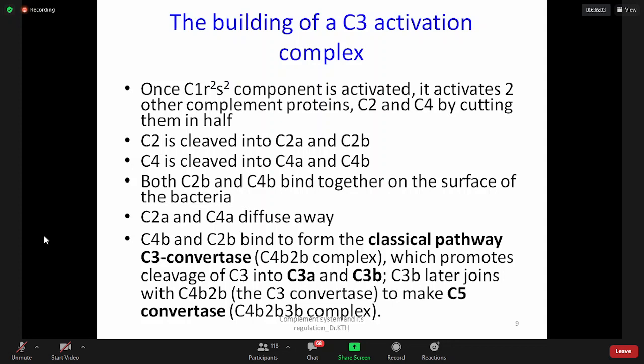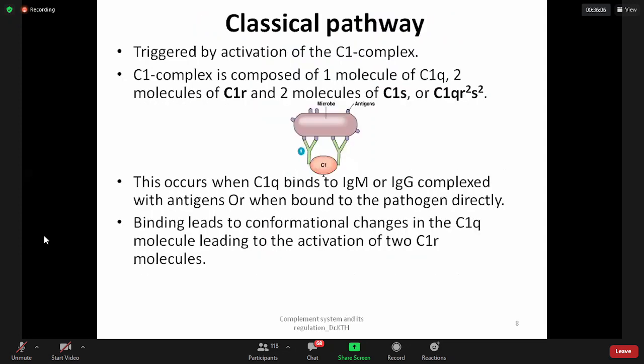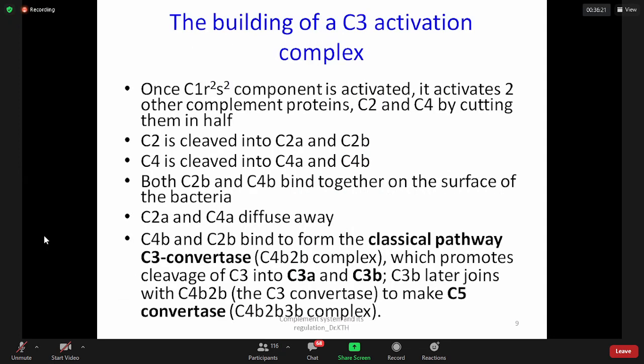So the C1 complex has Q, R, and S. But the R and S are the serine proteases, which when activated, cleave C2 and C4. So C2 is split into C2A and C2B, and also C4 is split into C4A and C4B.